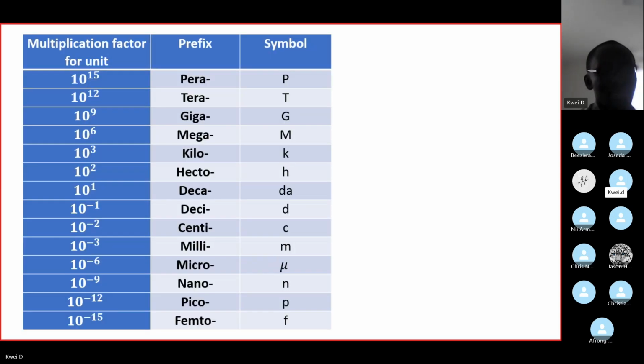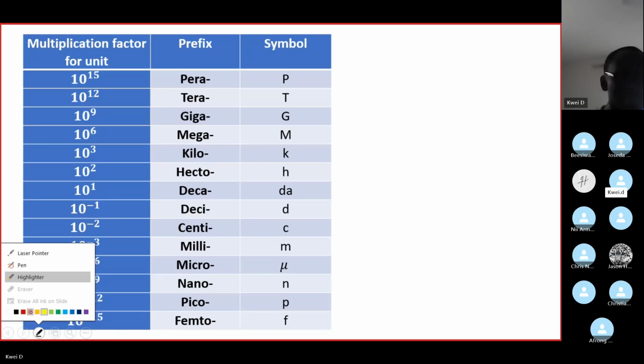And here are some examples of these metric prefixes. We have the peta, tera, giga, mega, kilo, hecto, deca, deci, centi, milli, micro, nano, pico, femto. You can see their multiplication factors on your left side.